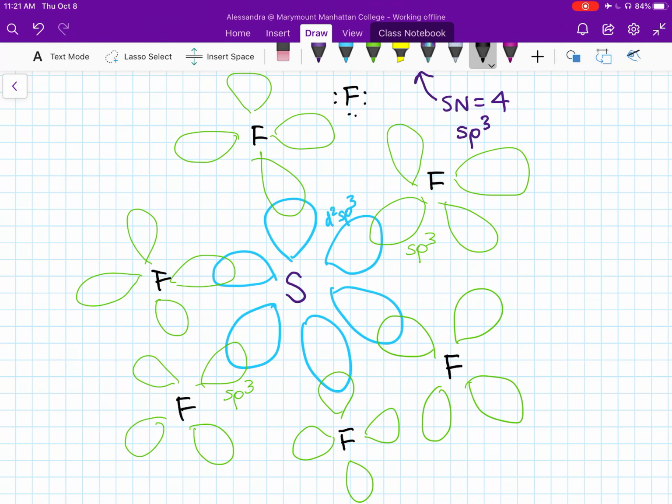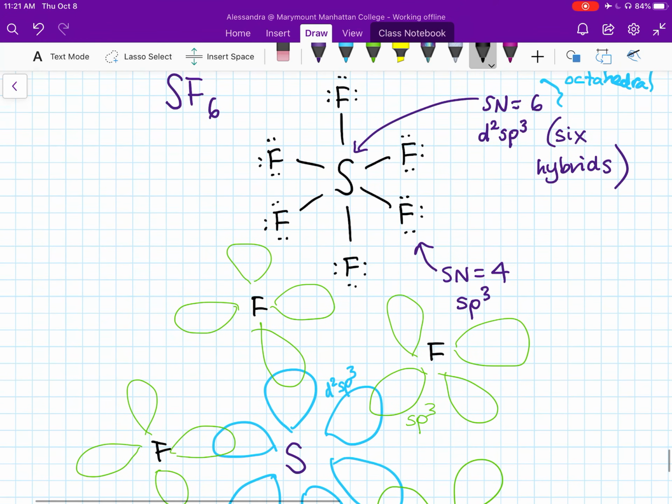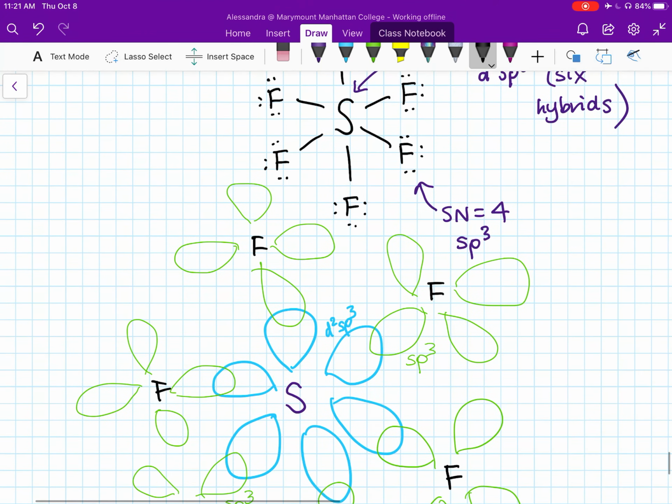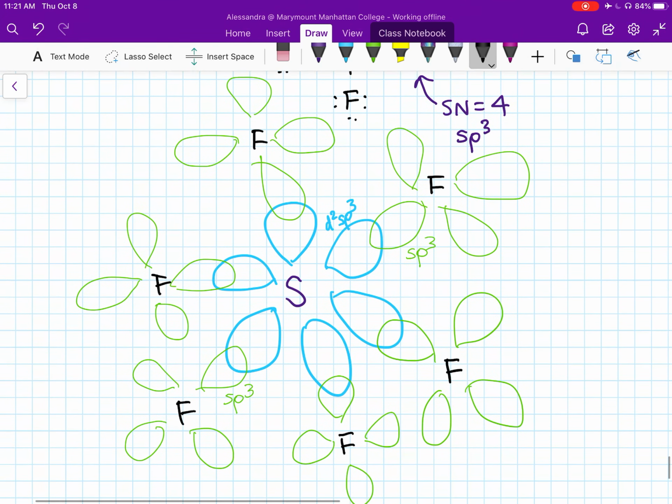Now, each fluorine, if we look at the Lewis structure, has 3 lone pairs. So you can imagine that those lone pairs are residing in the sp3 orbitals that are not overlapping with sulfur's d2sp3 orbitals. So I am putting the lone pairs in their respective sp3 orbitals on the fluorine atoms.